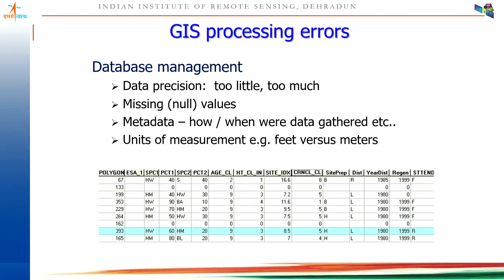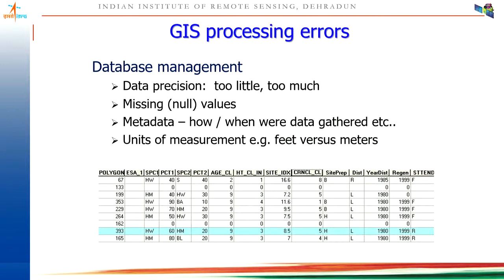For example, suppose you have an automatic weather station in your project, and you are receiving the data from the automatic weather stations, but due to some issues in the instruments, sensors, or networks, you are not getting the data of rainfall, wind speed, wind direction, temperature, and so on. If you have not taken care of the null value, and by default it is stored as a 0, then your analysis result will be totally different.